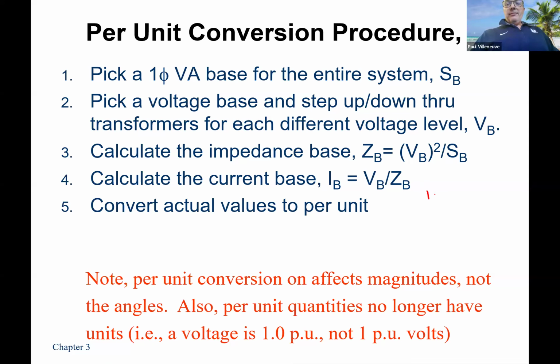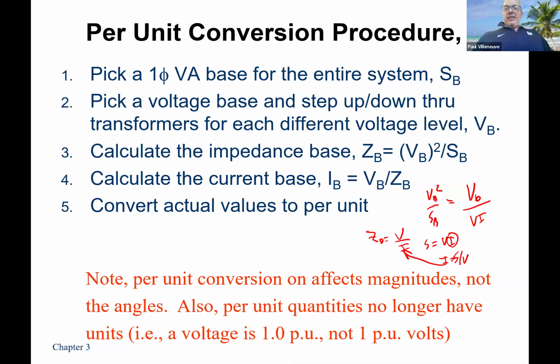Well, it's just another way to say V over I, and S equals V times I, correct? So if I solve this equation, I end up with I equals S over V. I substitute that in, and I get VB squared over S base.